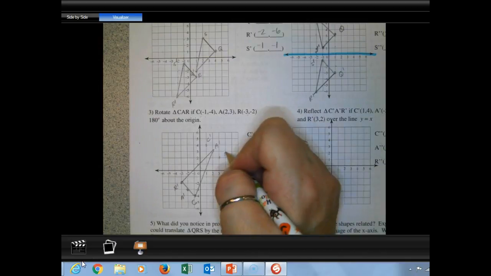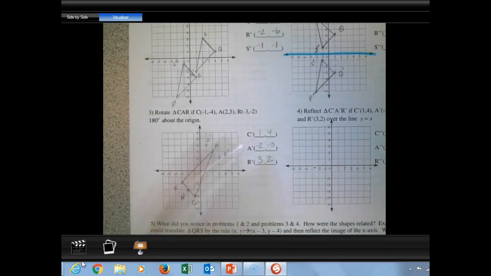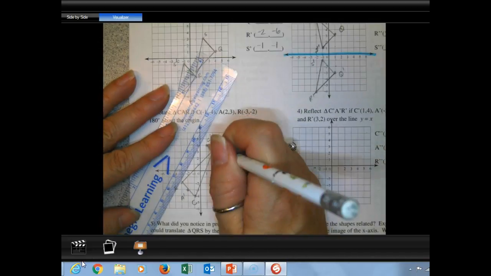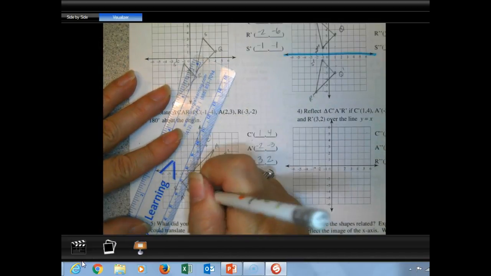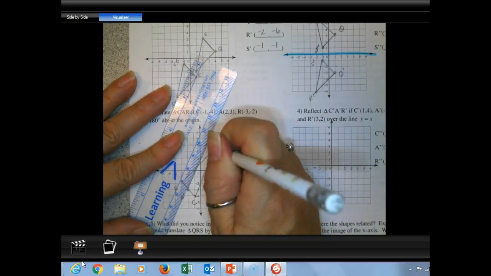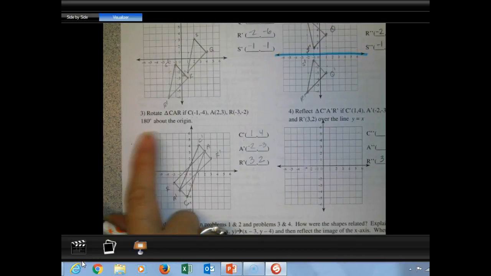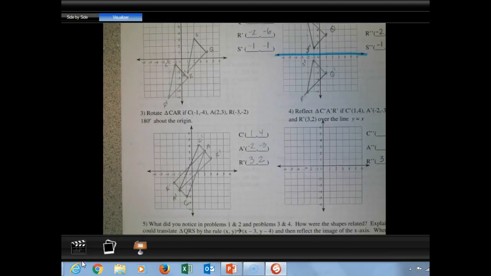That's my R prime. Oh, look at that. You guys let me put prime marks on my original. So let's go ahead and connect my prime points. A prime to C prime, C prime to R prime to A prime. And that represents a rotation of 180 degrees about the origin.